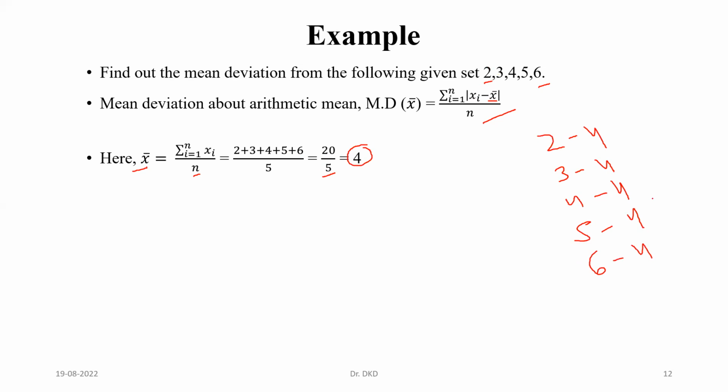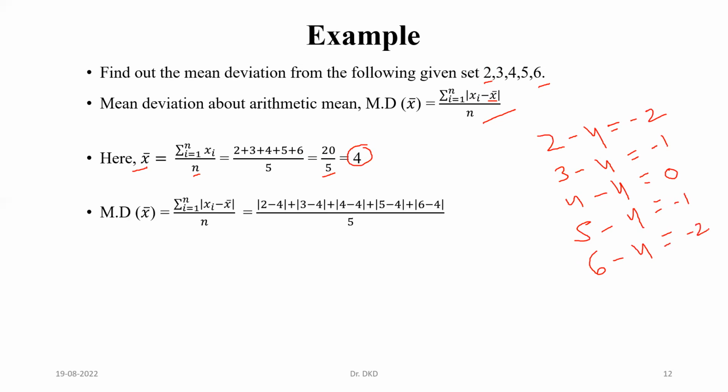Some values come out negative: minus 2, minus 1, then 0, then 1, and 2.